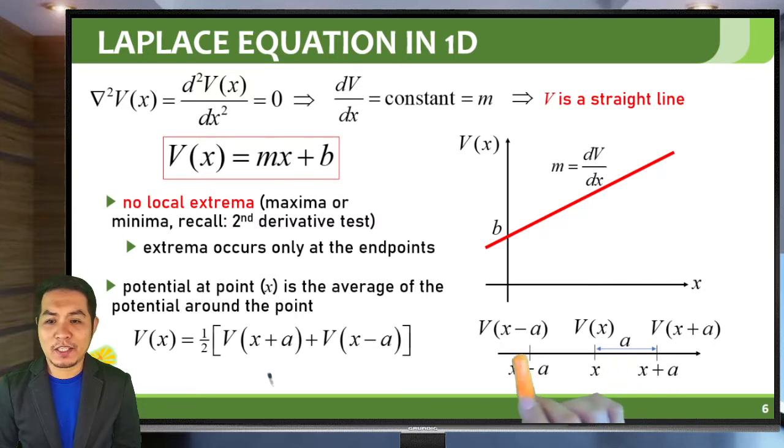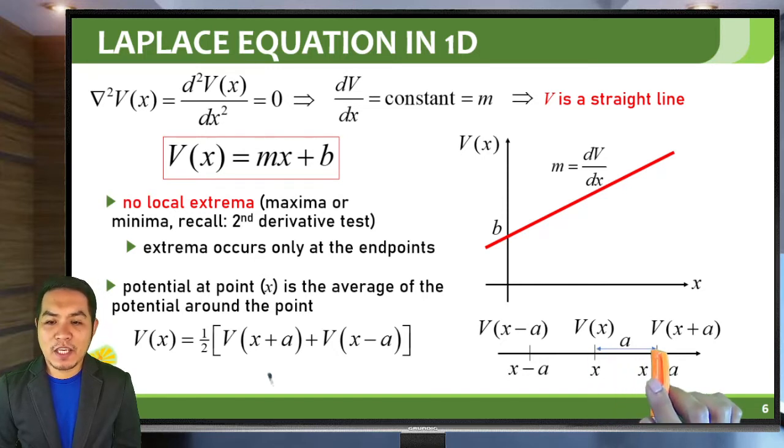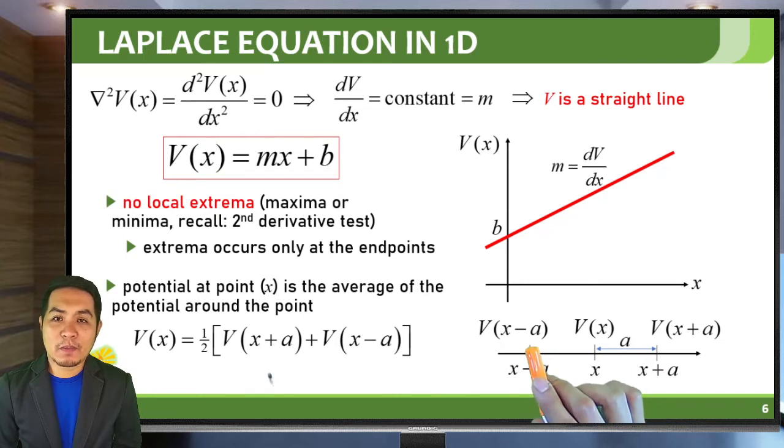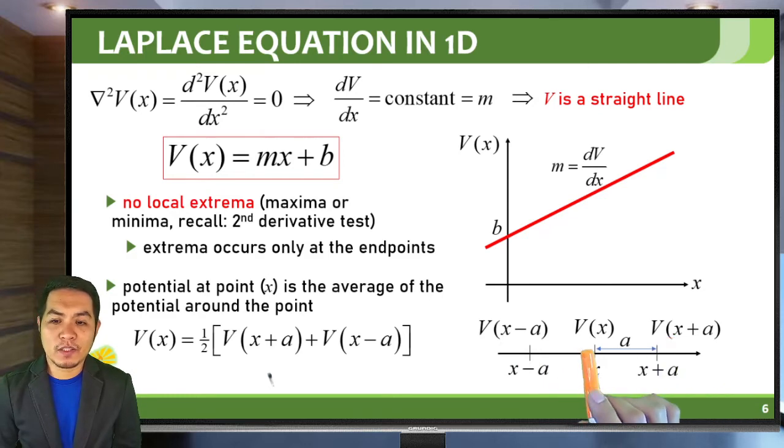Say the edges of the boundaries are from x minus a to x plus a, then the potential at x, V of x, is just the potential at x plus a plus the potential at x minus a, divided by 2, or the average of the potential of these two around the point x.